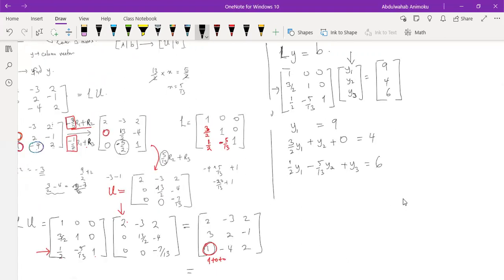So now we can solve this for y1, y2, y3. So y1 is already equal to 9. Now substitute this into the second equation, which means 3 over 2 times 9 plus y2 equal to 4, which gives us that what? y2 is what?